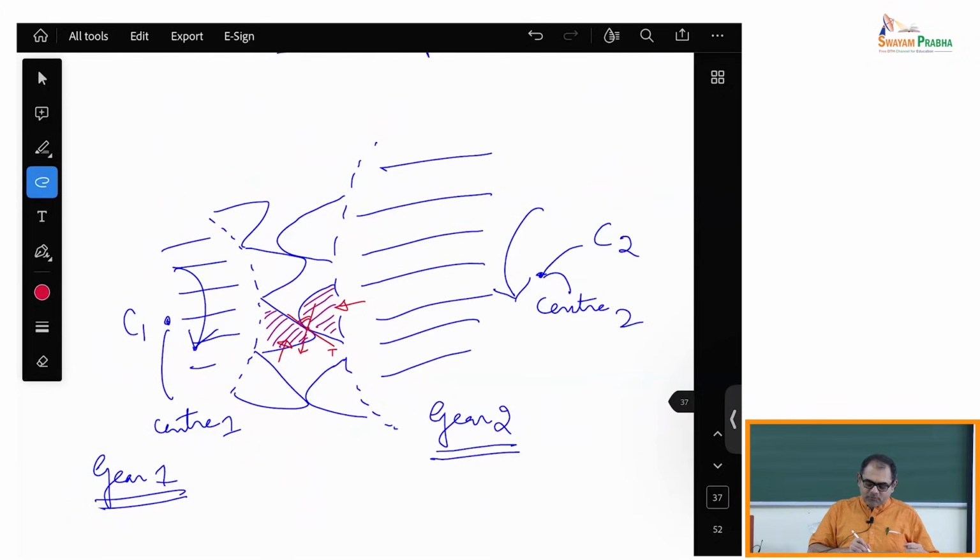So what I want you to understand is, what are the factors that affect these two gears? One factor is the distance between these two centers. As you change the centers of the gears, that also is going to have an impact.